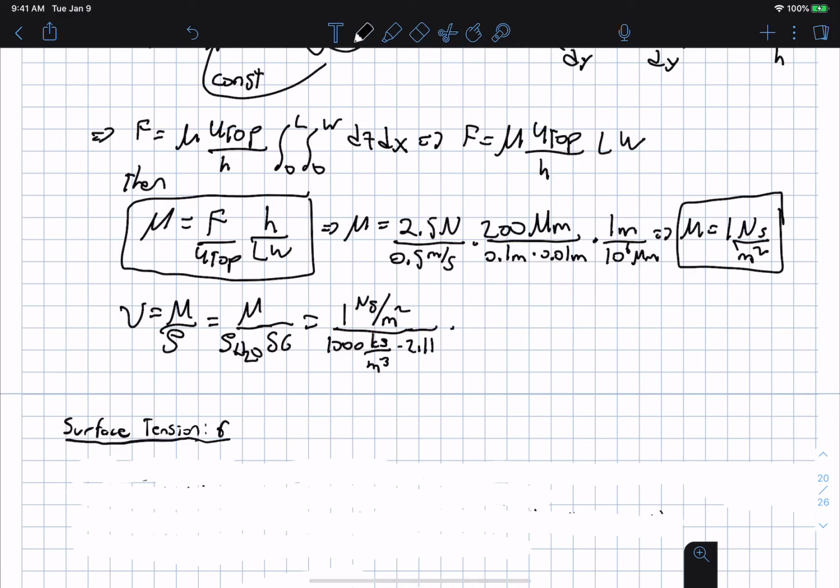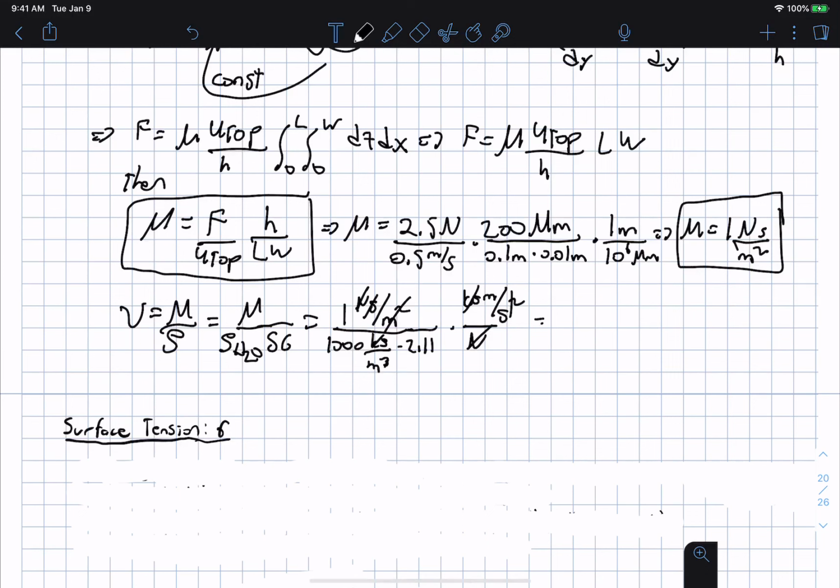So we have a Newton is equal to kilogram meter per second squared. And so now all the units cancel out: the newtons cancel out, the kilograms cancel out, this meter squared cancels out, and one of these seconds cancels out.